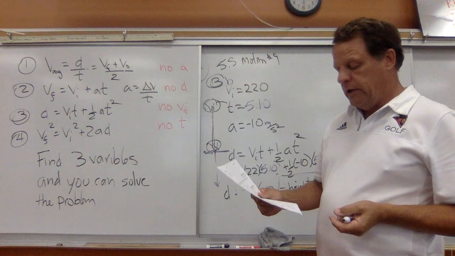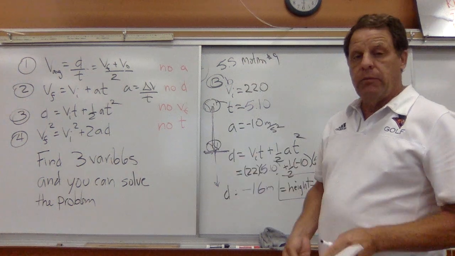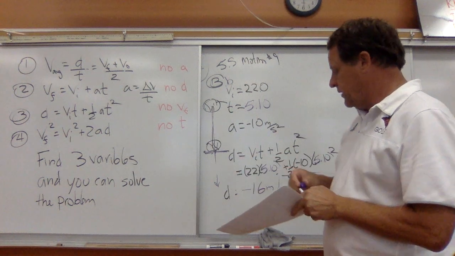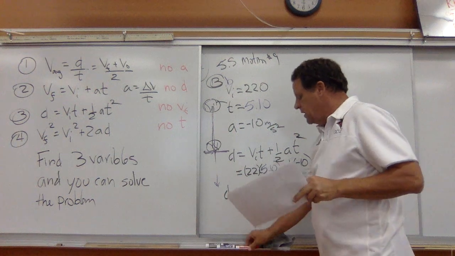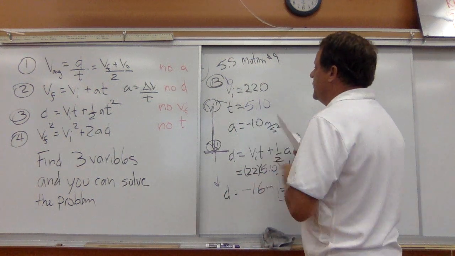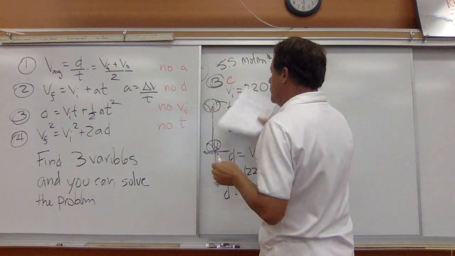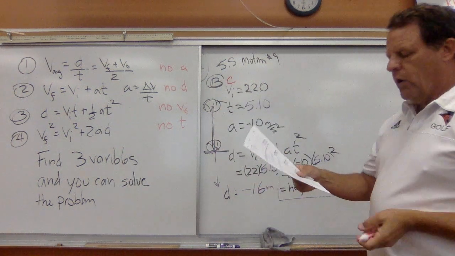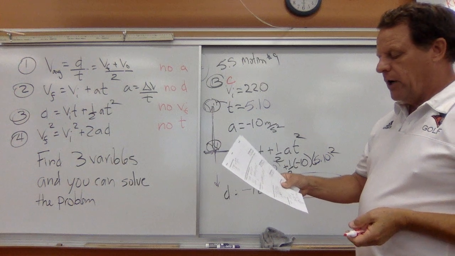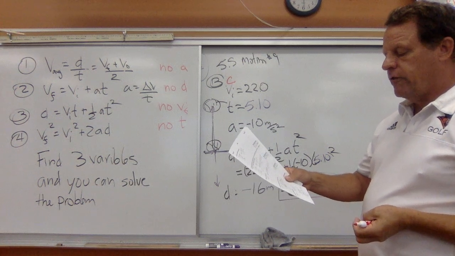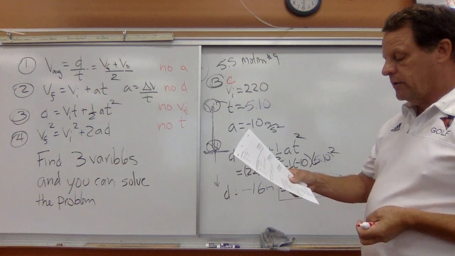You guys will see in 3C and 3D how this makes sense. Again, I'm going to change the colors here and do 3C. What is the velocity of the ball when it's 17.5 meters off of the ground?